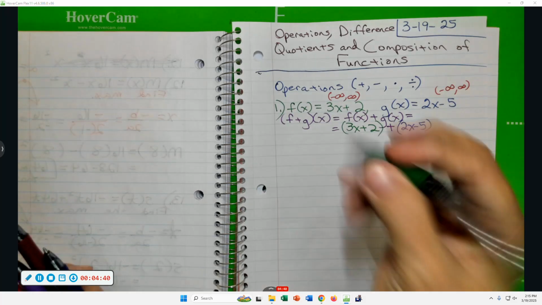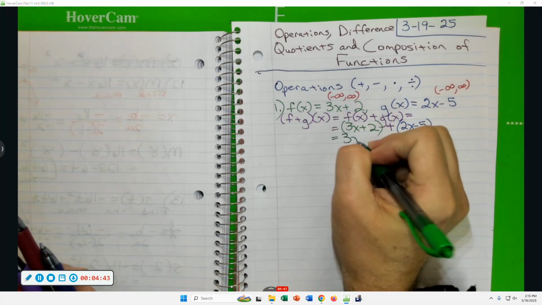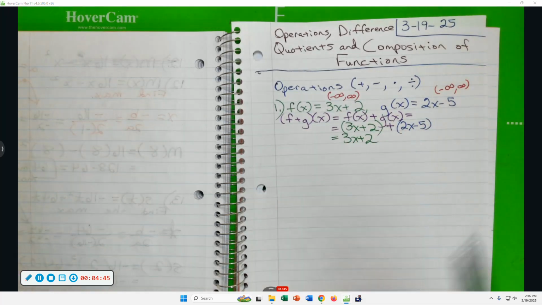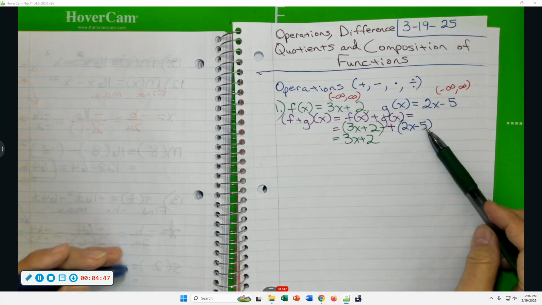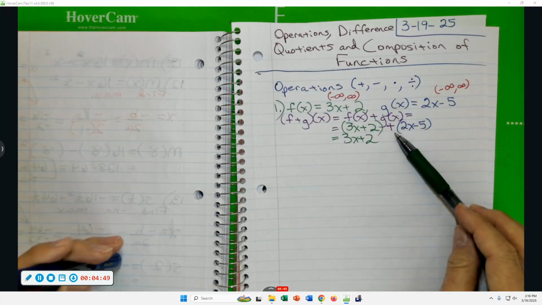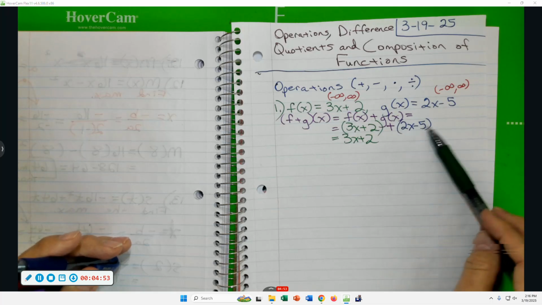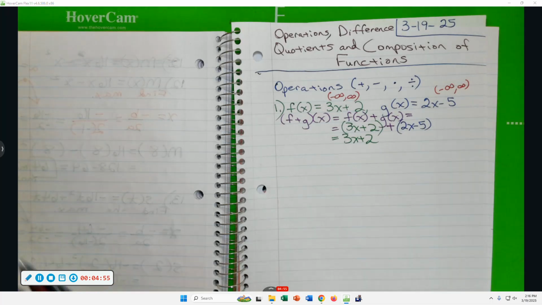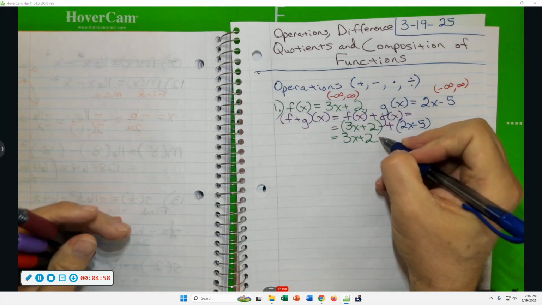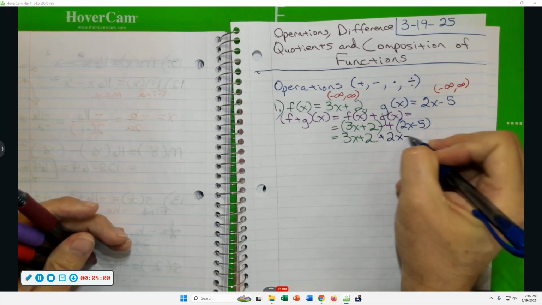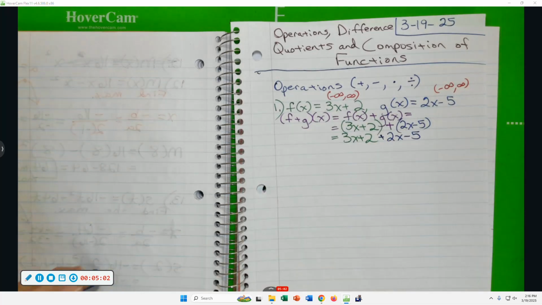So I have 3x plus 2. The same thing for the second set of parentheses. Well, I do have something in front of it. It's a plus. That's just like a plus 1. Multiplying by positive 1 doesn't change anything. So I'm just going to drop those parentheses. That's a plus 2x and a minus 5.